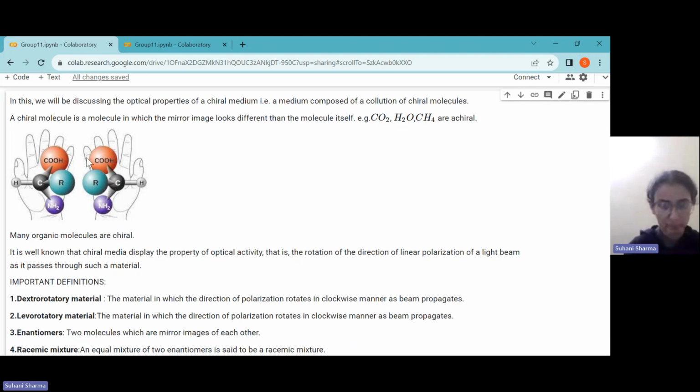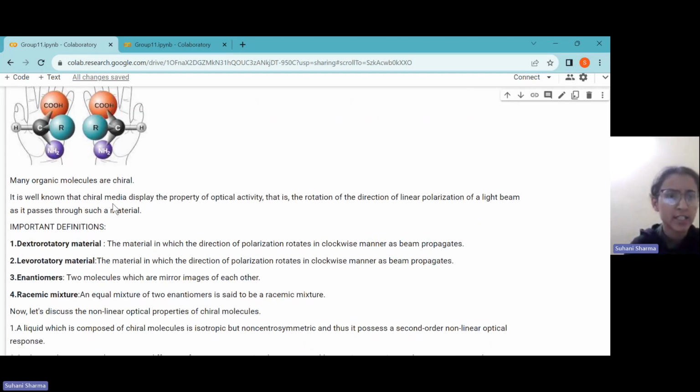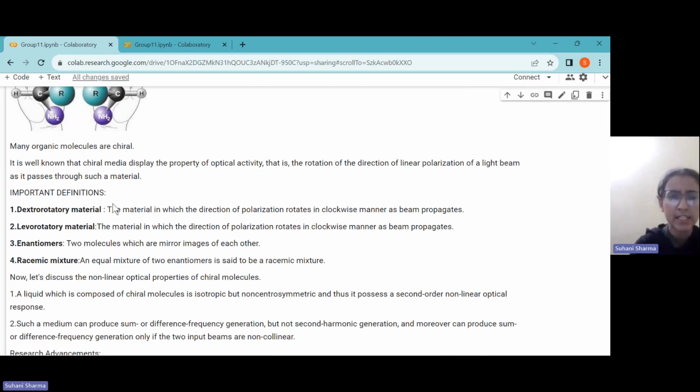We will see that chiral media display a remarkable property which we know as optical activity, which means that when linearly polarized light passes through these materials, its plane of polarization rotates.